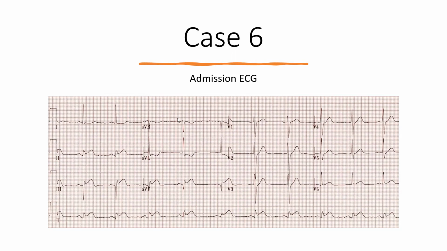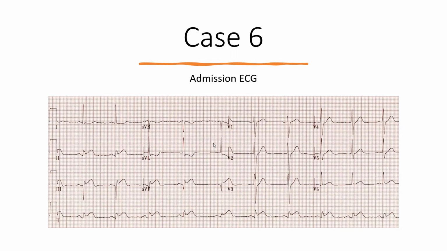When we're looking at a 12-lead ECG, particularly in the presence of acute coronary syndrome, what we're interested in is the ST segment, because the ST segment tells us whether or not there's a presence of a type of MI called STEMI, or ST elevation MI.